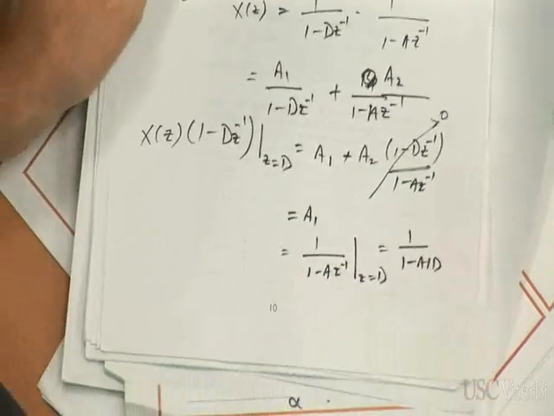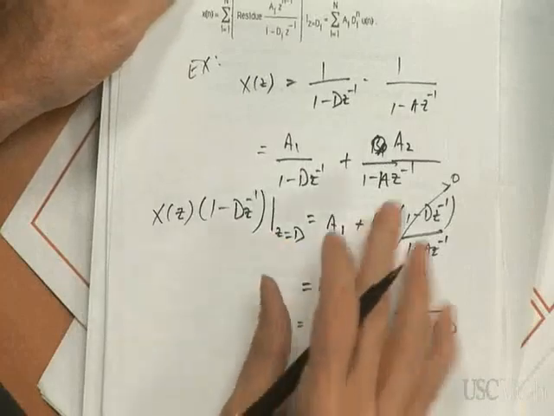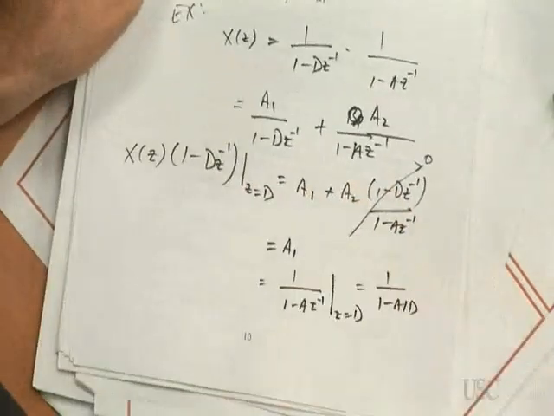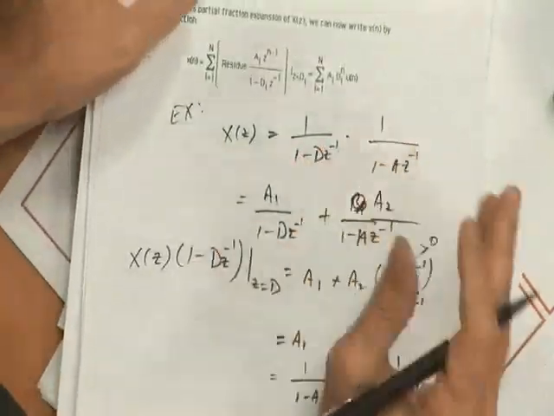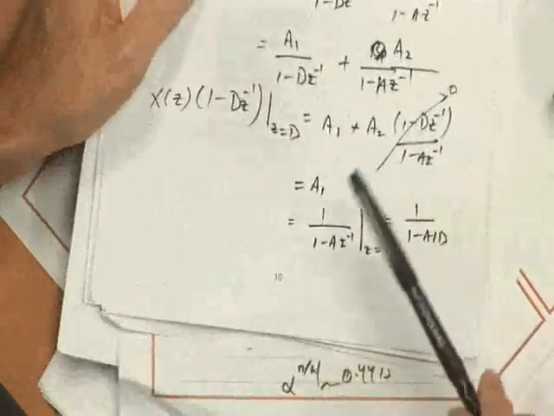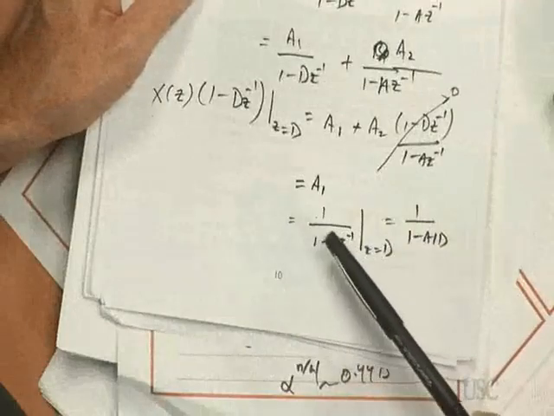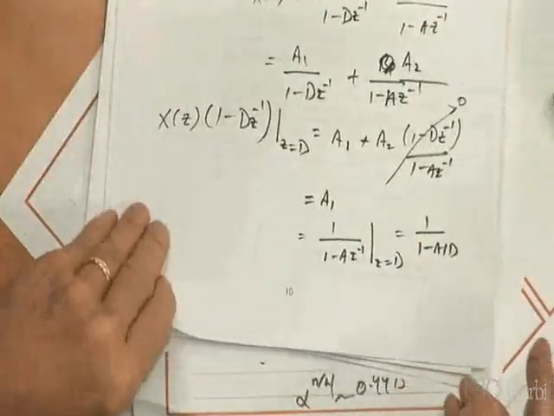And that is A1. You can do the same thing for A2. So the advantage, if you have a simple product of two or three terms, is that you can use the partial fraction expansion this way.